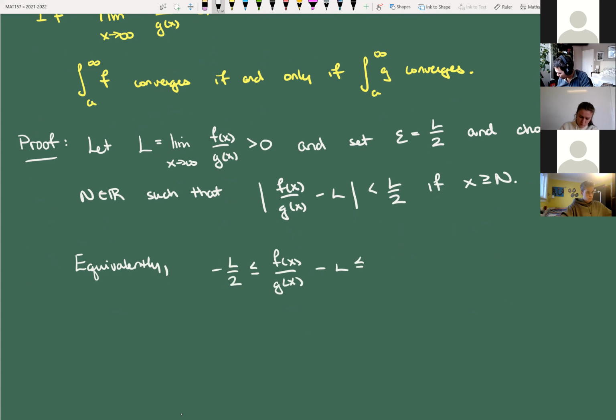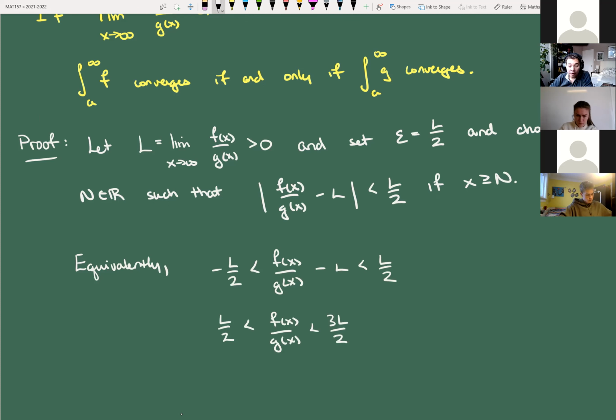Oh, sorry, that should be just strictly less than. Right, and then if I add L to both sides, less than 3L over 2, like so.